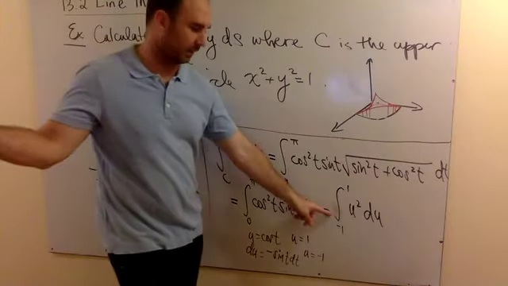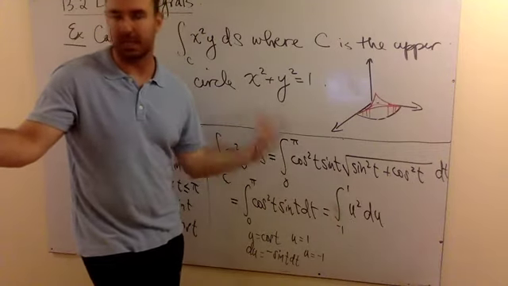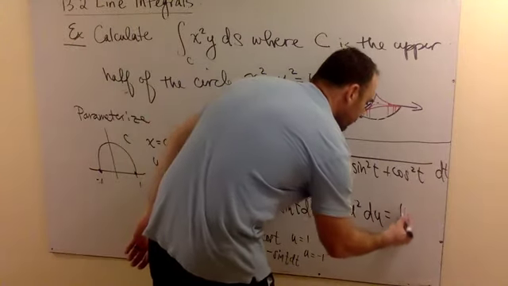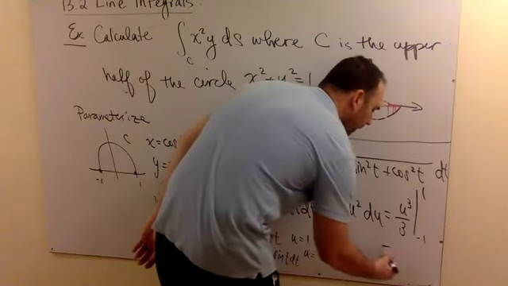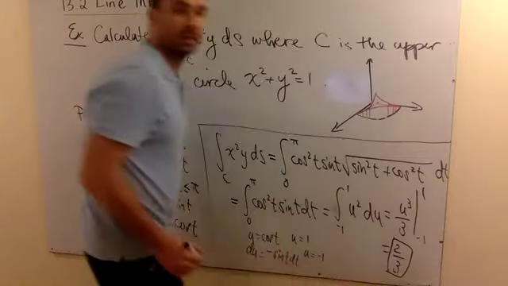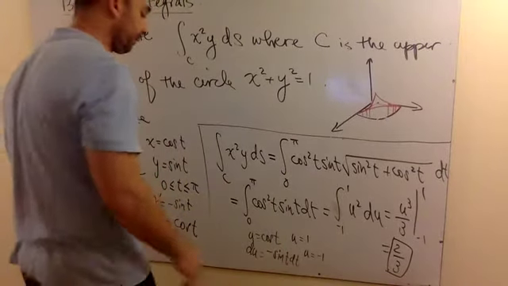You can figure this out at home. I skipped a step there, but this is a step from back in Calc 1 that you all can do. Now that is u cubed over 3, evaluated from negative 1 to 1, that's 2/3. And so there we have it. There is our first line integral.